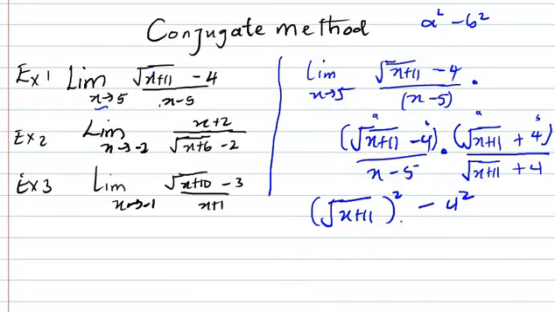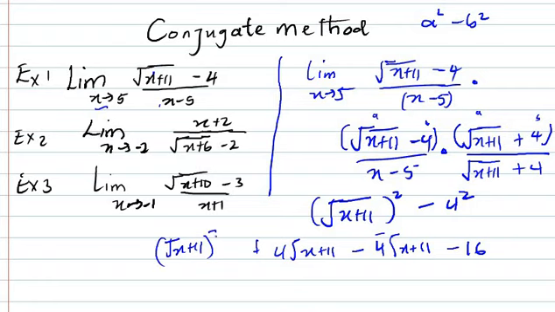Likewise, you can open parentheses: this times this, you have this squared, and then this one times this one, you have positive 4 into root of x plus 11, and then the other one is negative 4 into root of x plus 11, and then the last one is minus 4 times a positive 4, which is negative 16, and the first one is already x plus 11 whole squared.